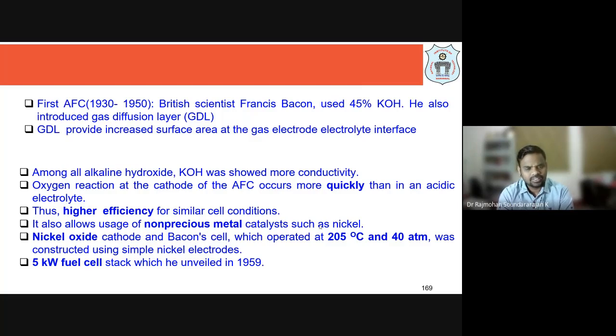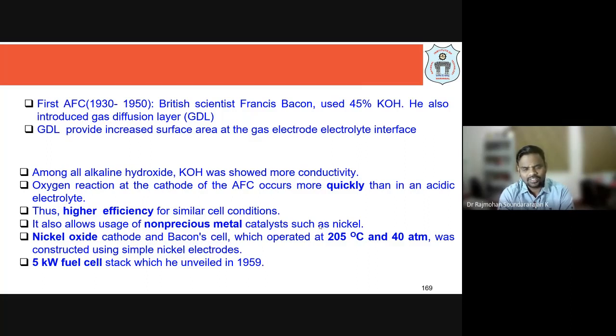And the oxygen reaction at the cathode of the AFCs will occur more quickly than in an acidic electrolyte. So the oxygen reaction taking place at the cathode side will occur at a faster rate than in acid fuel cells. That way we see higher efficiency for similar cell conditions.